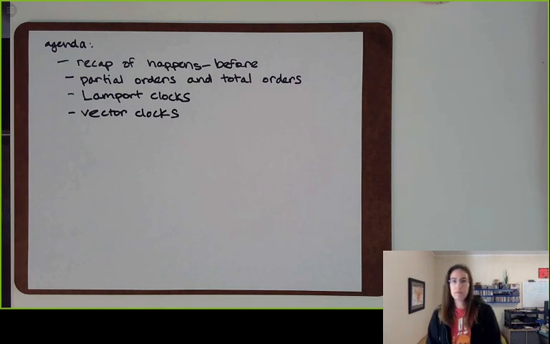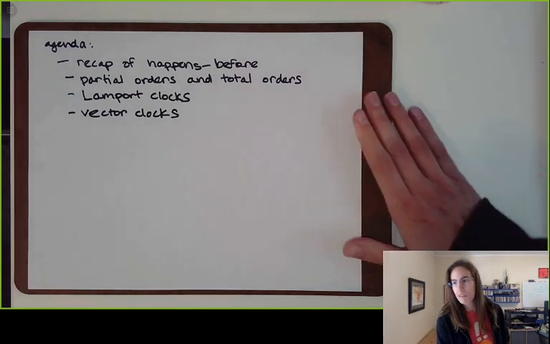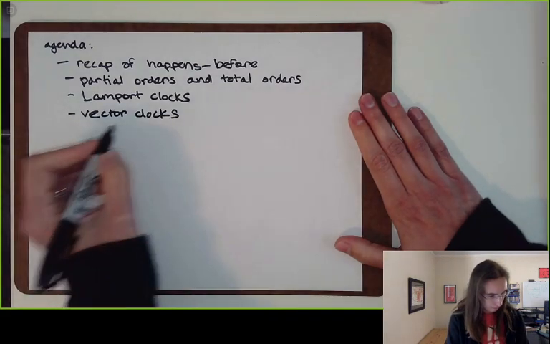All right, so last time we covered a lot. The happens before relationship is the particular thing that I would like to recap. So could somebody recap the definition of the happens before relation for me?